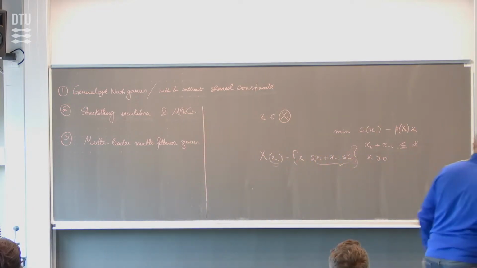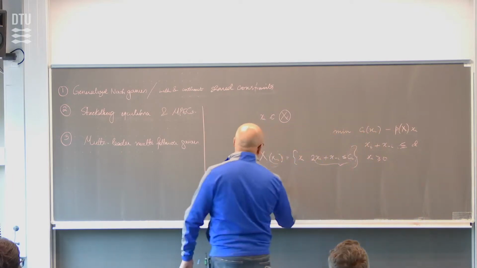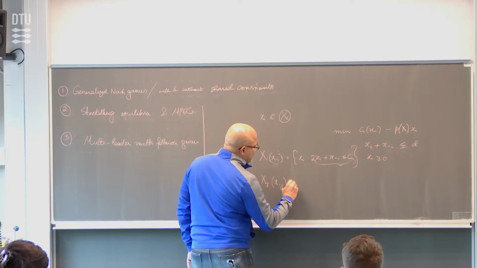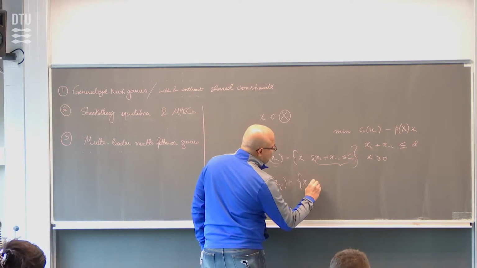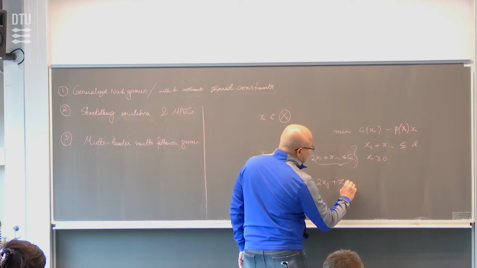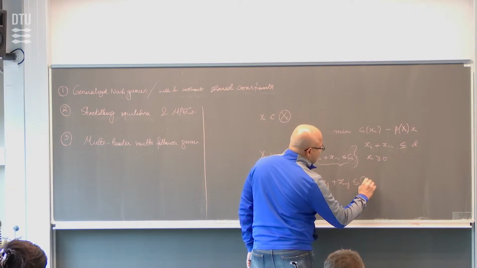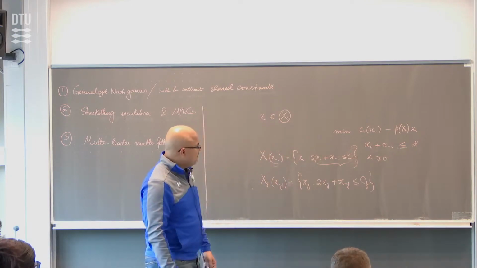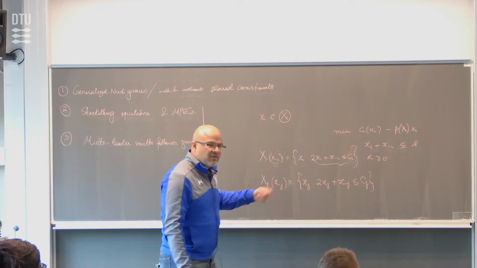Player j will face a slightly different constraint. X_j of x_{-j} is going to be the set of x_j such that 2x_j plus x_{-j} is less than c_j. So you could have different sets, different requirements.